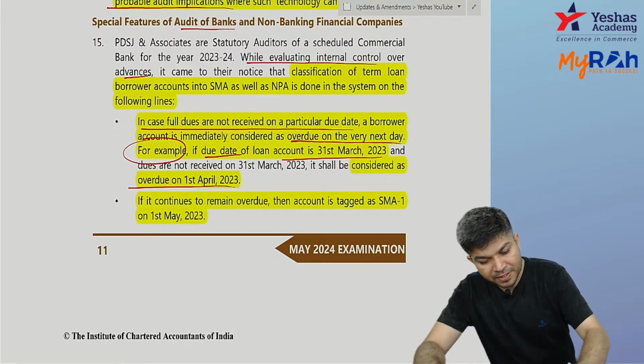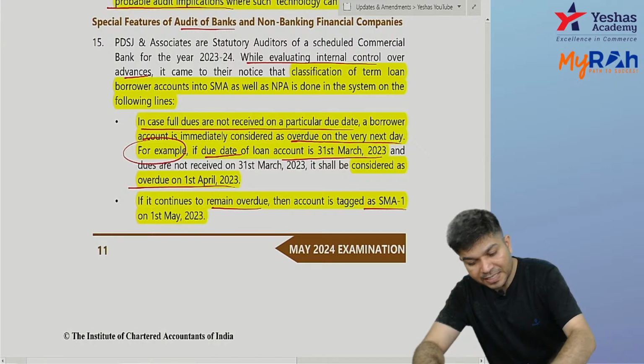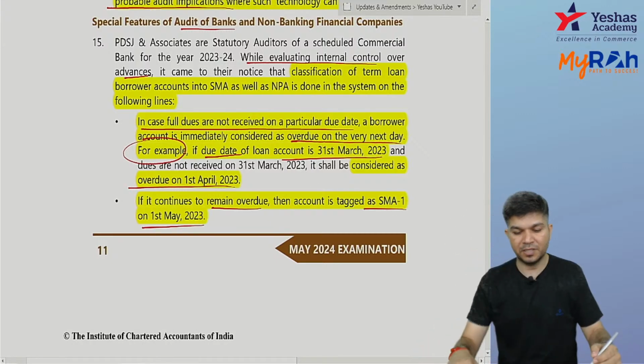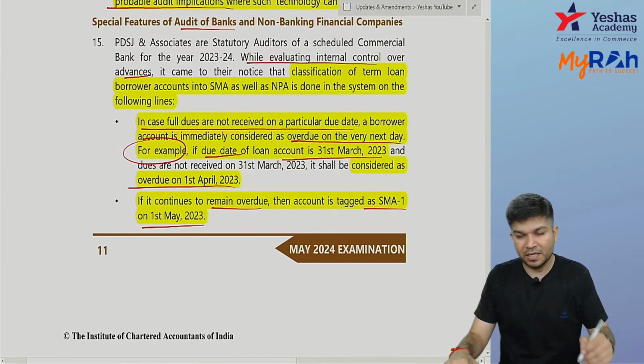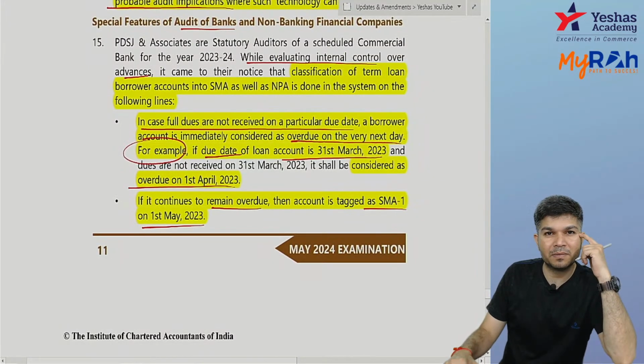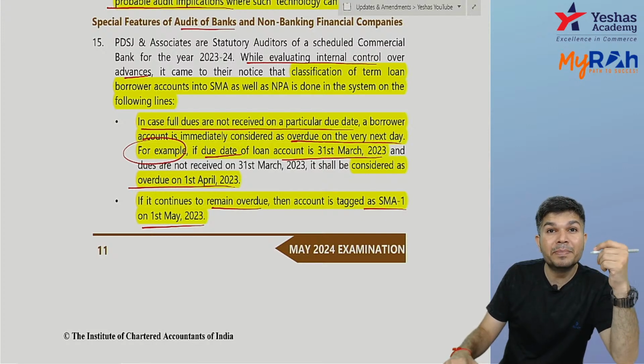If it remains overdue, it is tagged as NPA on 1st May. So it was 1st April, and 30 days later, 1st May. If it had been taken as overdue on 31st March EOD, then it will be SMA 1 on 30th April EOD.